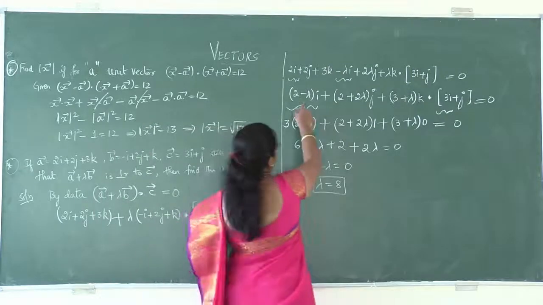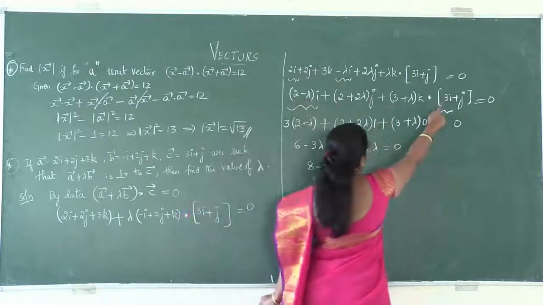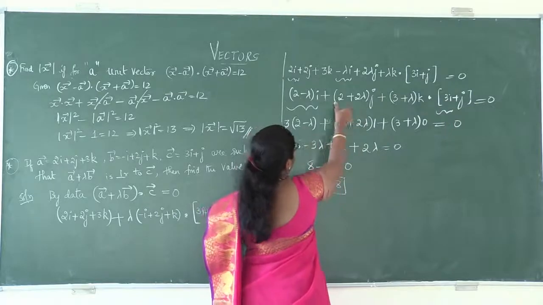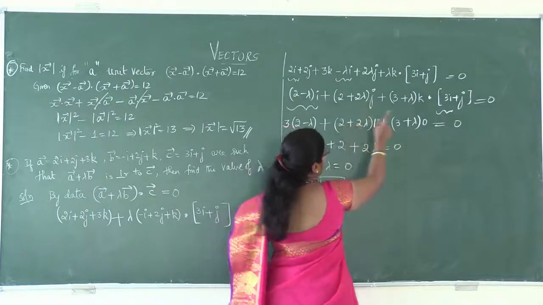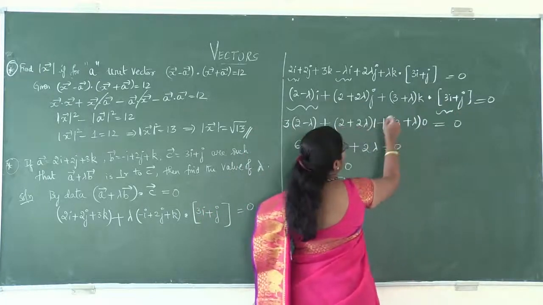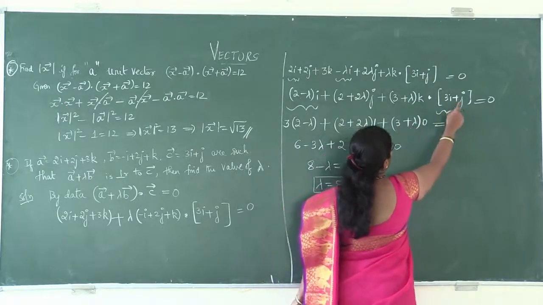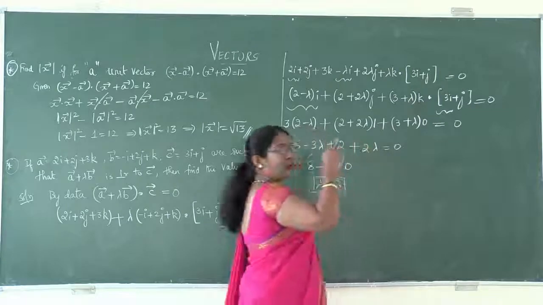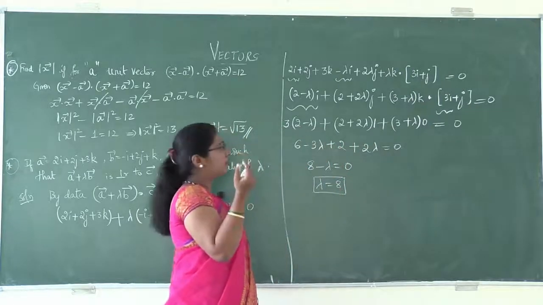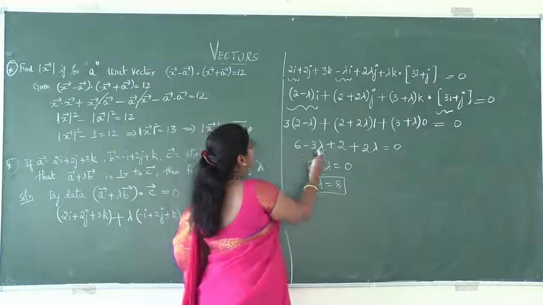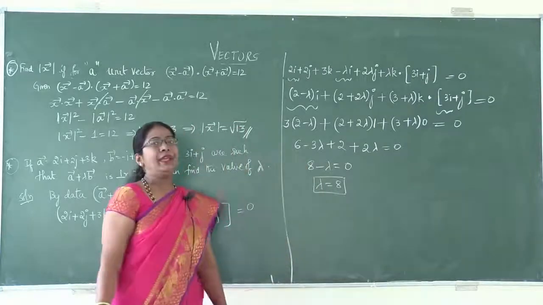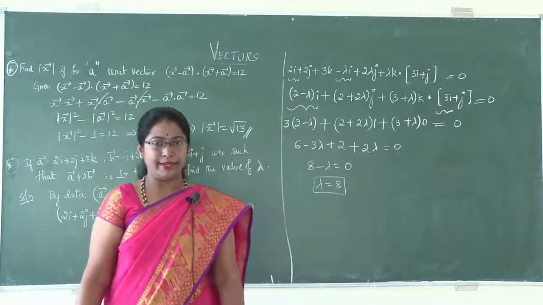So what is i here? 2 minus lambda into what? 3 plus j term 2 plus 2 lambda into what is the coefficient of j here? 1. 3 plus lambda into, that is the k coefficient. And what is the k coefficient here? There is no k term, so I can write it as 0. So multiplying and simplifying, we get lambda equal to 8.